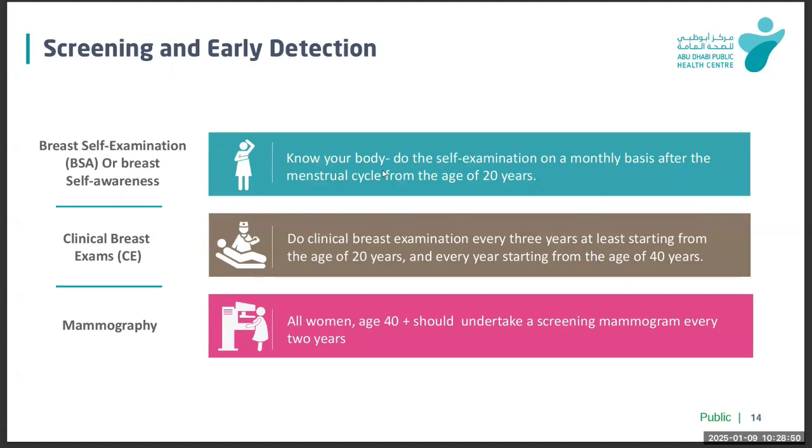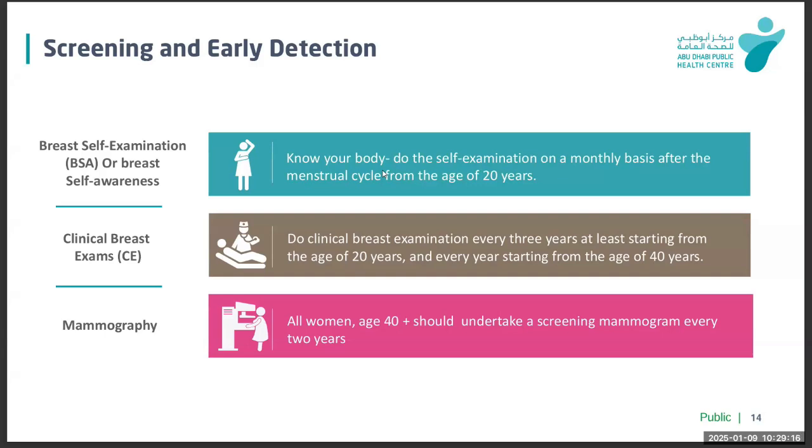It can be done in a circular manner. You palpate in circles, going inside and inside. This is how you self-examine. Then you self-examine your axilla, the area under your arm or armpit. Self-examination should be done monthly, especially starting from the 20s.